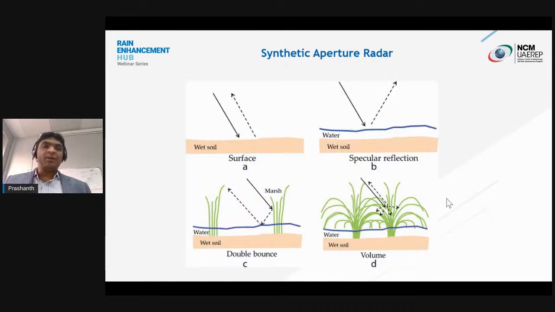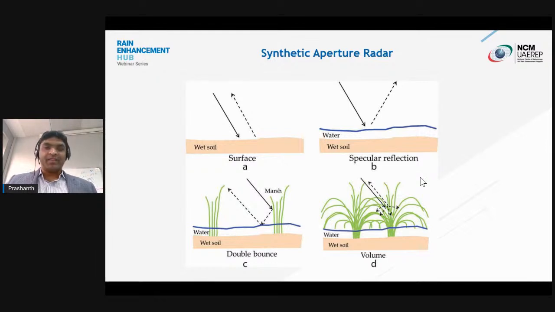So when you have a wet surface, because of the dielectric properties of the surface, we will see a strong reflectance or strong scattering from the surface. But if you have a flooded area, for instance, it becomes a specular reflection, in the sense the signal is going away from the sensor, so there's no return.